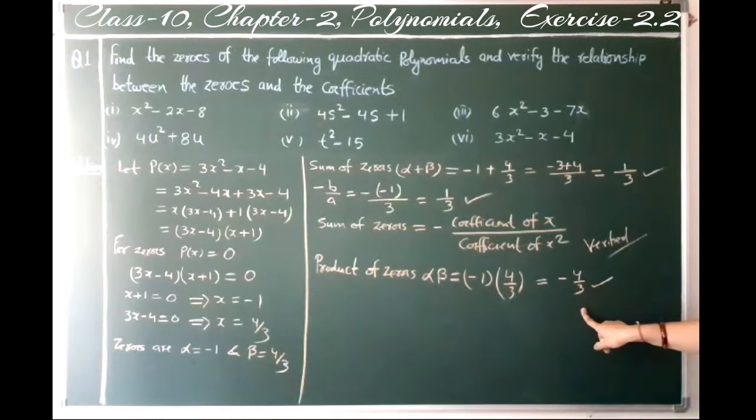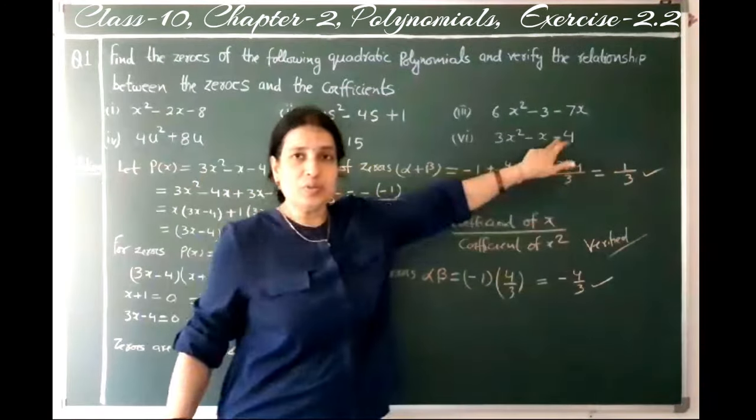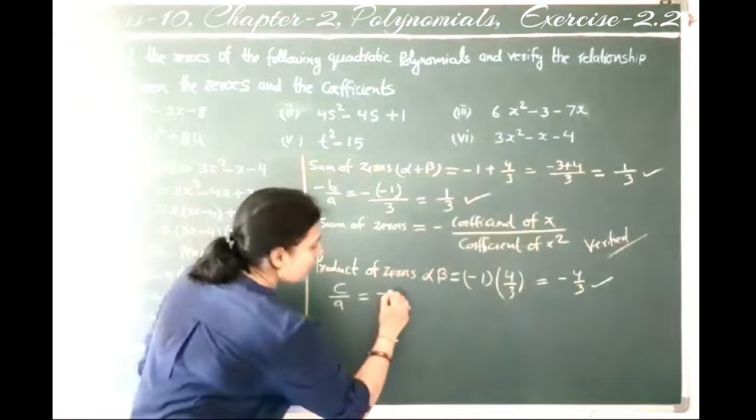Then we have to find out c by a. So c by a is equal to, constant term is here -4. So write here -4. A is equal to 3. So write here 3. So c by a is also -4 by 3.